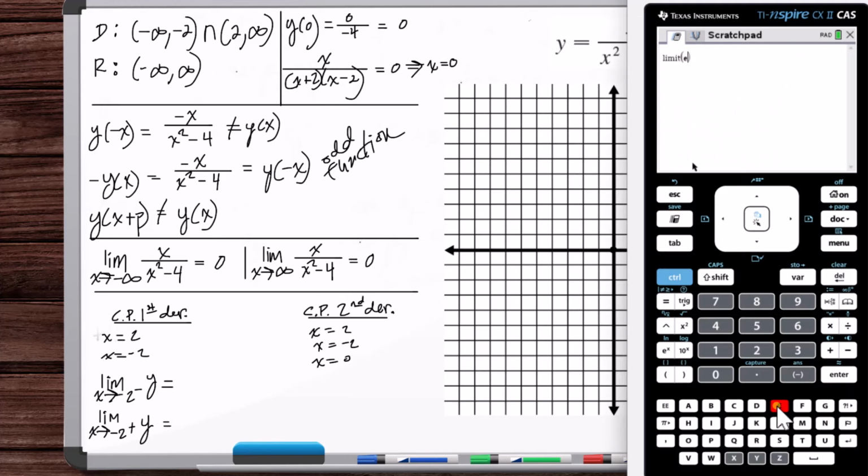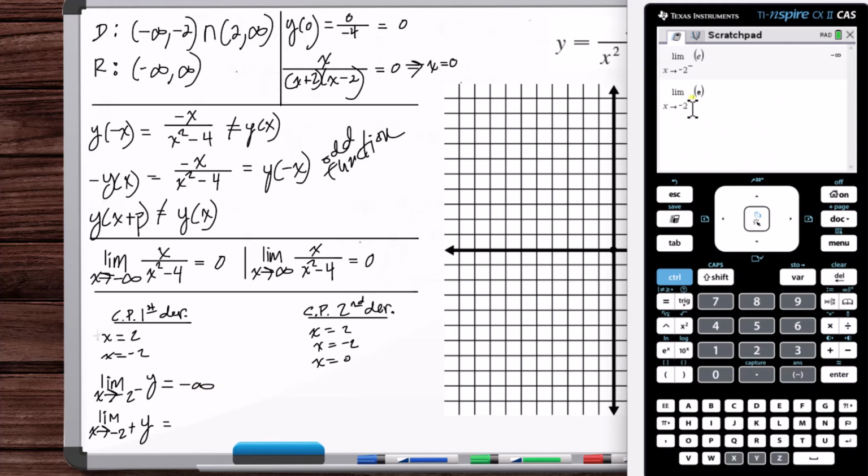So the limit with respect to x approaching minus 2 from the right or the left. Oh no, we would do minus 1. There we go. So negative infinity.